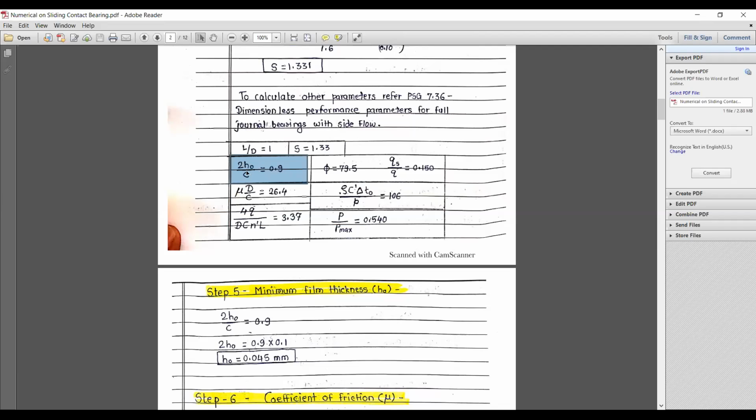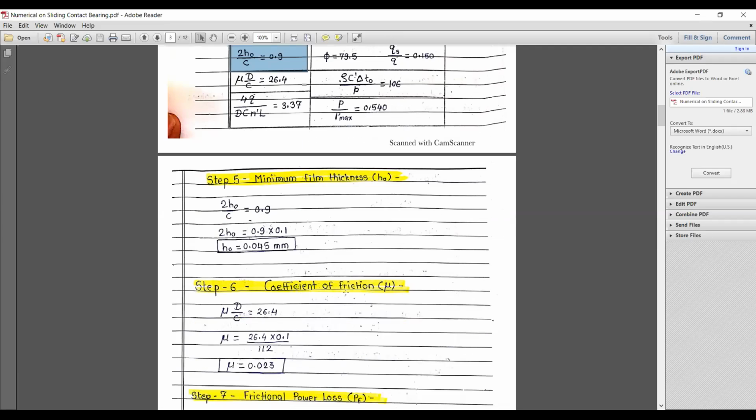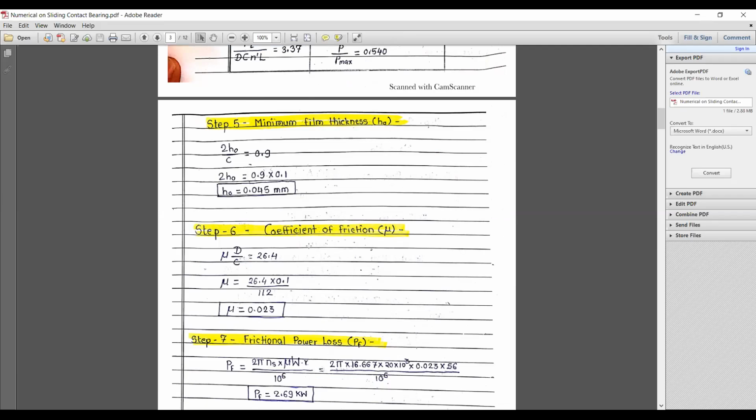Directly we can consider twice H0 by C is equal to 0.9. H0 is nothing but the minimum oil film thickness. Putting the value of C, we can directly find the value of H0, that is 0.045 mm. Next one, coefficient of friction.